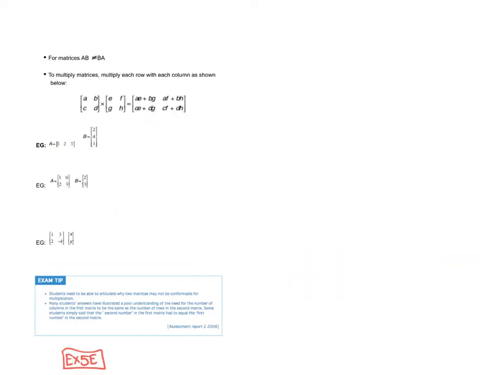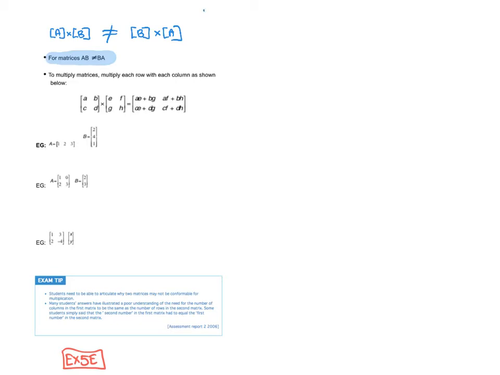Okay, so as we discovered there, when we multiplied matrix A times matrix B, it was not the same as if you do B times A, isn't it? Because remember before we saw that one time A times B was not defined, but B times A was.